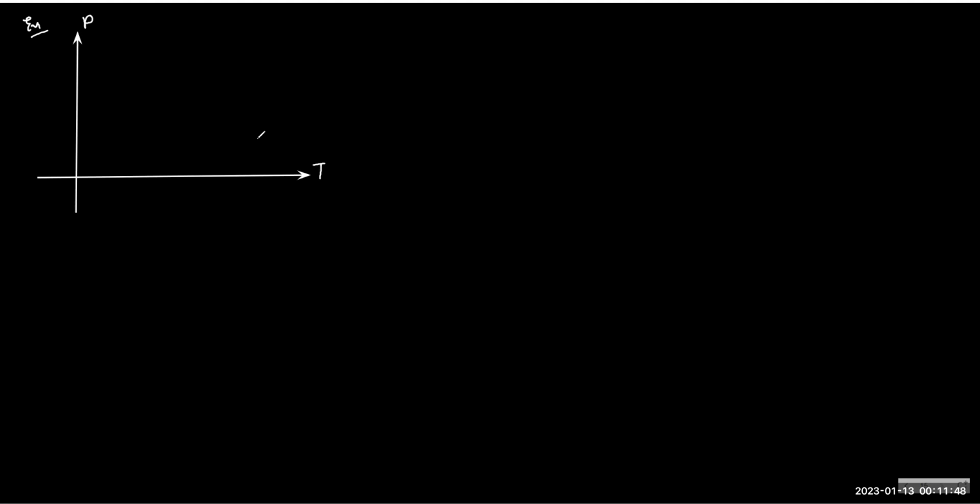So let's say this is a PT graph. How will this process look? A vertical line. Isothermal, because temperature is constant, no?